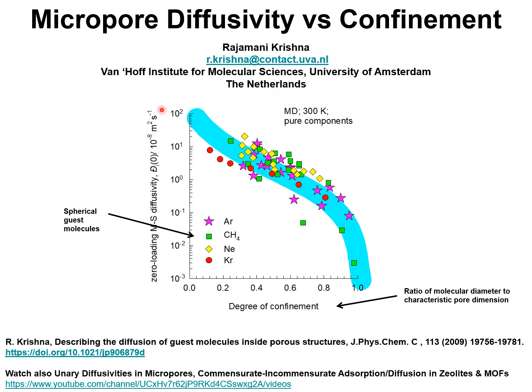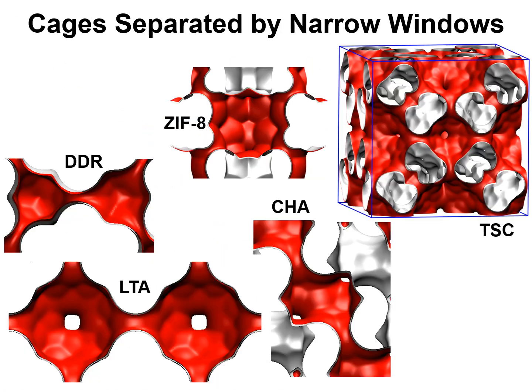Let's begin this discussion by looking at one class of host materials consisting of cages separated by narrow windows with dimensions less than about 4.1 angstrom. We first examine the diffusivities of gas molecules in structures that consist of cages separated by narrow windows.